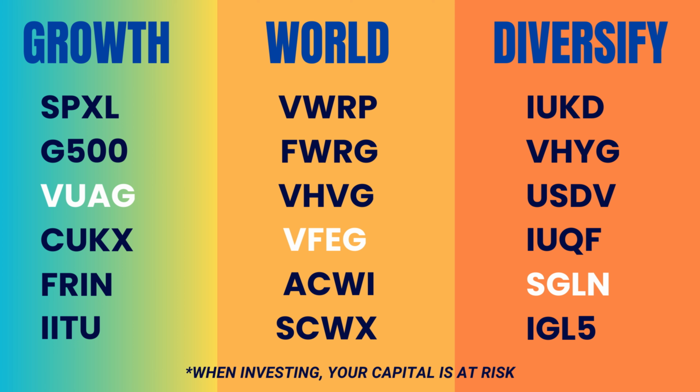So let's say, for example, you've chosen CUKX, which is FTSE 100 companies, and if you think that still a few companies are overlapping in your VWRP portfolio or VUAG portfolio, then you could choose VFEG, which is Vanguard's emerging market ETF. And there are a few other options such as ACWI and SCWX.